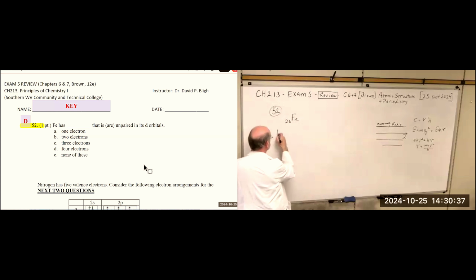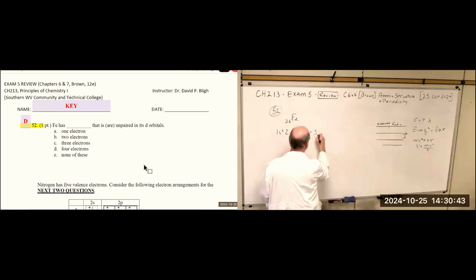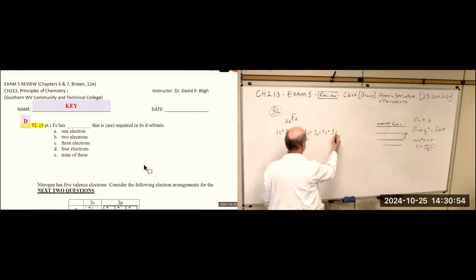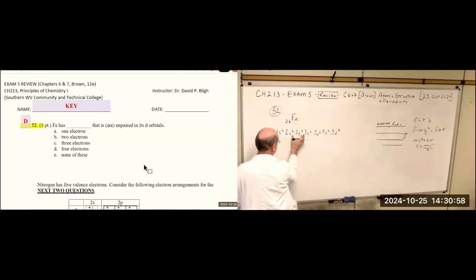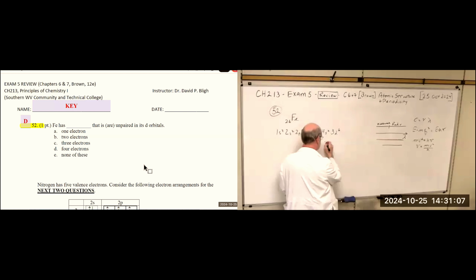All right, so we got 1s2, 2s2, 2p6, 3s2, 3p6, 4s2, 3d, and it should be 6 in the d's. Let's see if we got the right number. 4 plus 6 is 10.